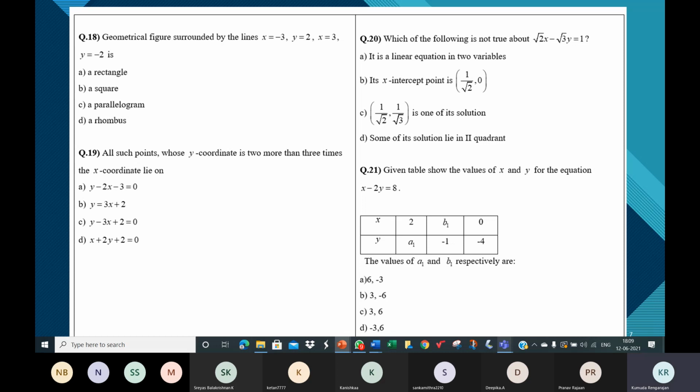To find the y-intercept, you must use x as 0. The y-intercept is equal to 1 by minus root 3, ma'am, and the x-intercept is equal to 1 by root 2, ma'am.